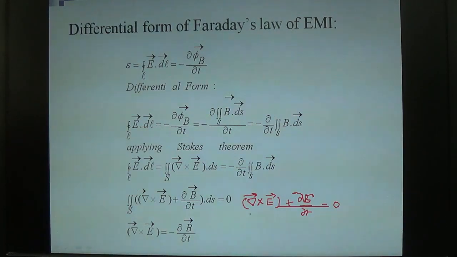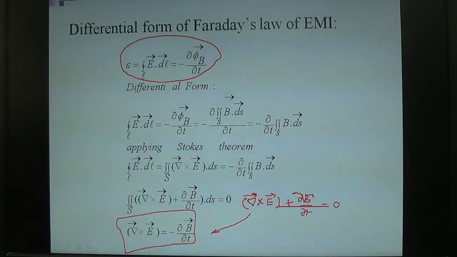And after simplification of it, you can see that this can be written as one of the curl equations: del cross E is equal to minus del B upon del t. So this is the possible way to convert Faraday's integral equation into the differential form. Here the integral equation is this one, and the differential form you can see is this one, del cross E.